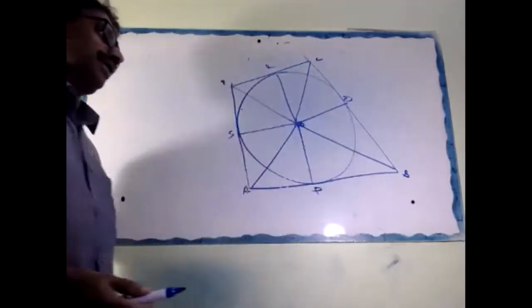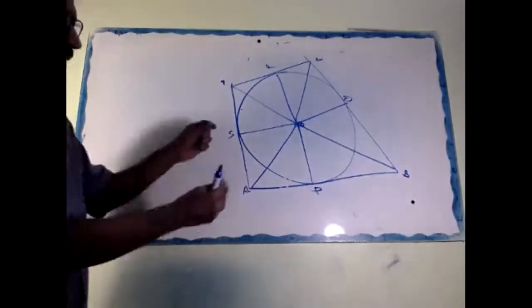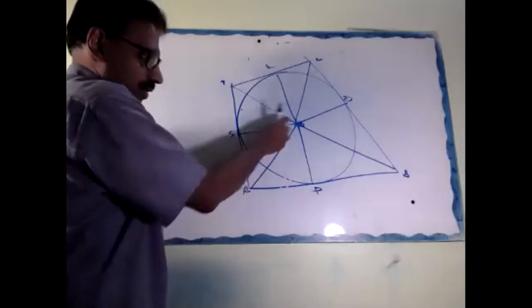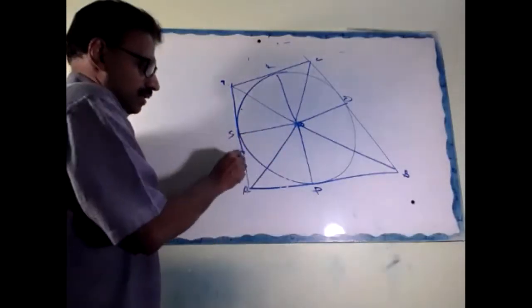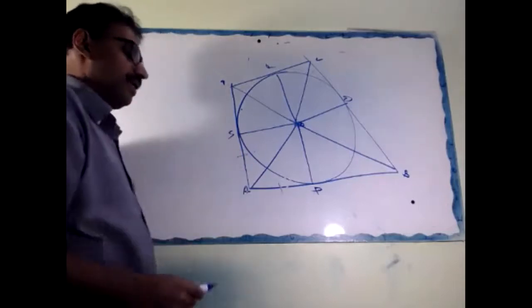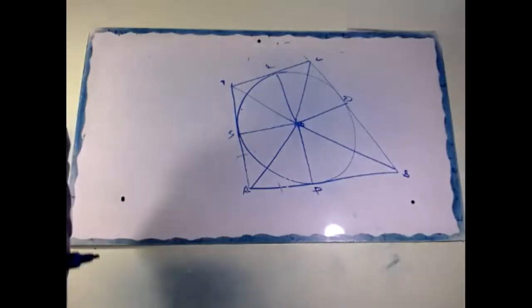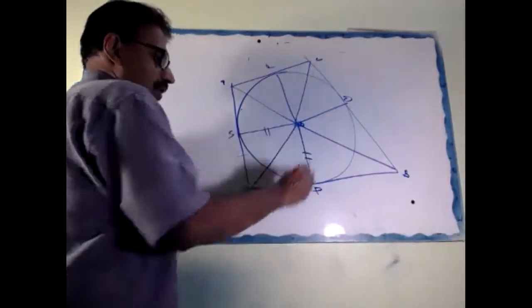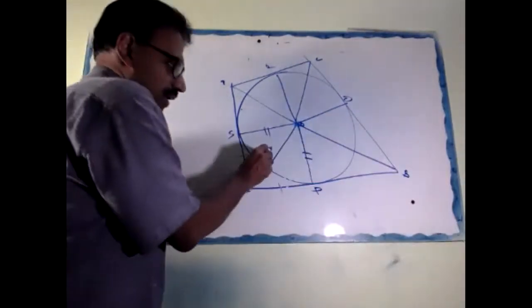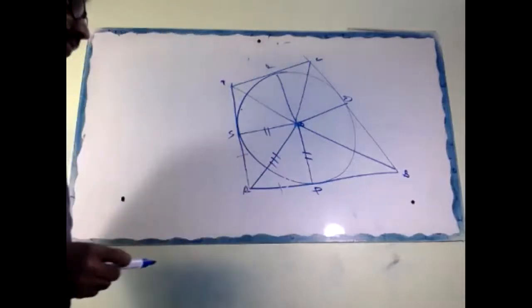Now look at here. Take this triangle. This one equal to this one. Why? Tangents from an external point are equal. This one and this one are equal radii. This one is common.